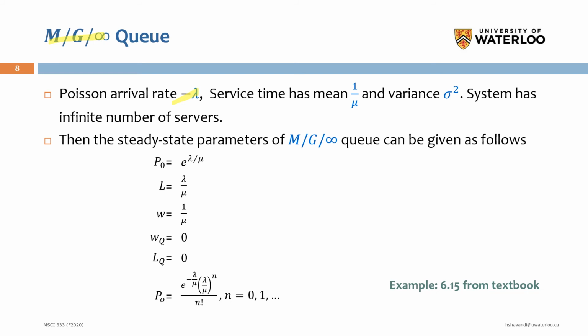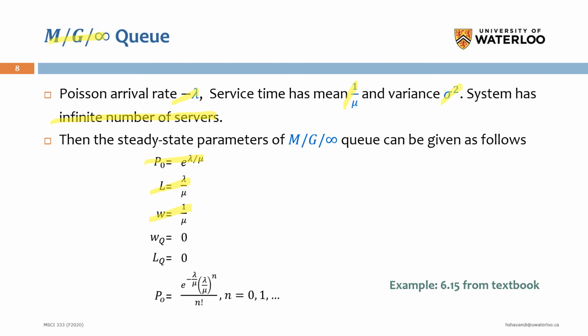The service time is based on a general distribution, but we know that the mean of the service time is 1 over mu, and its variance is sigma squared, and the system has an infinite number of servers. So by having these parameters, the performance measures for the M/G/infinity queuing model can be calculated by these equations.